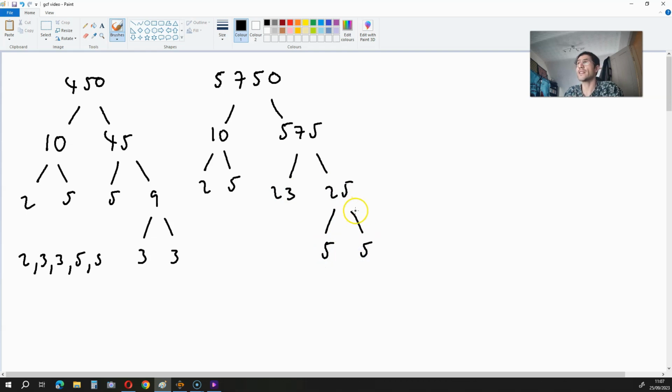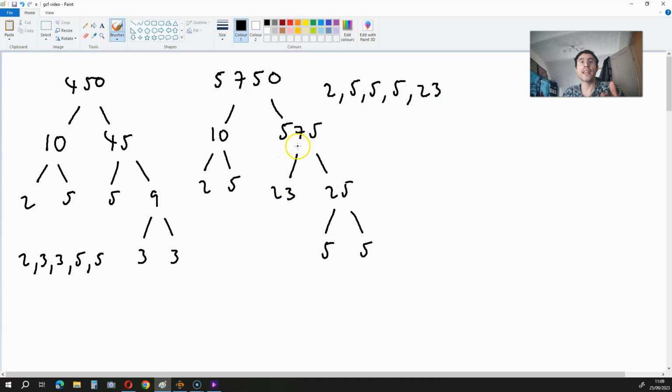So the prime factors of 5750 are 2, 5, 5 and 5, and we've also got 23.